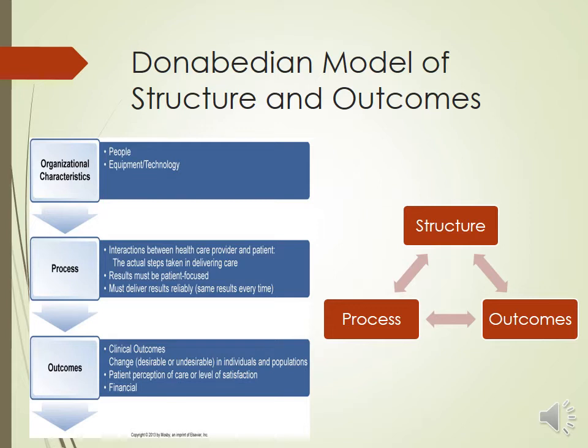So the organizational characteristics or structure includes the healthcare workers within the organization, any kind of equipment and technology that is available. For example, has the organization adopted a physician order entry system, electronic health record, so that we can provide the most up-to-date, safe, quality patient care.